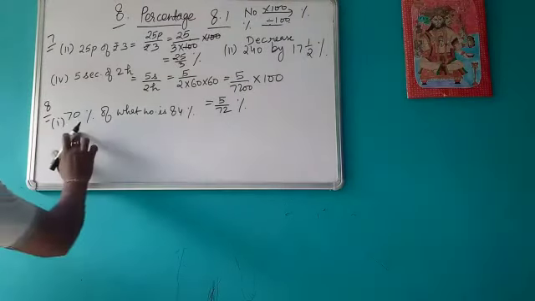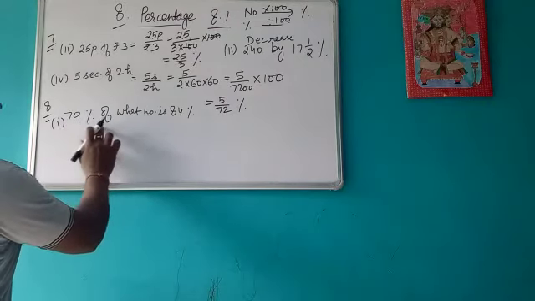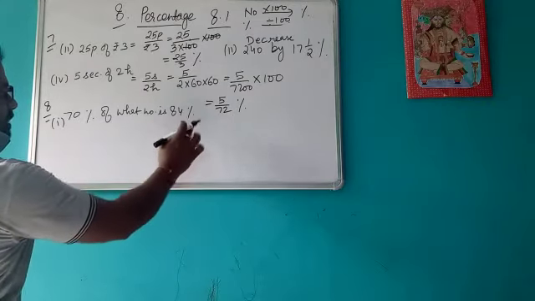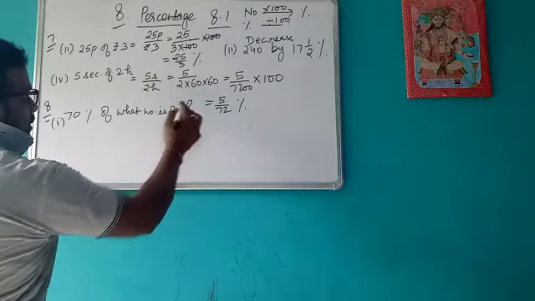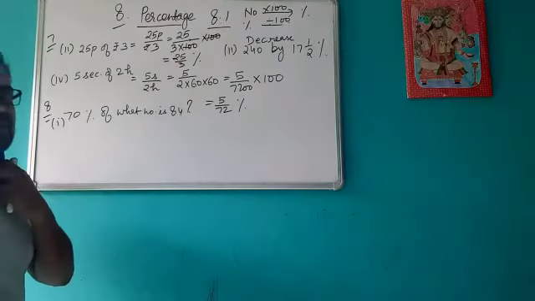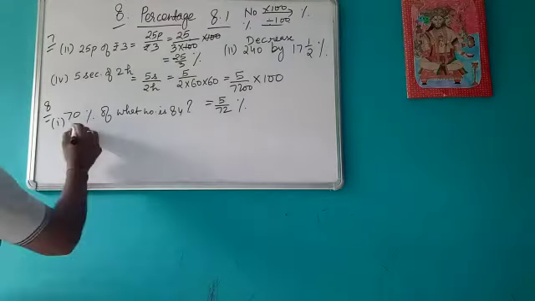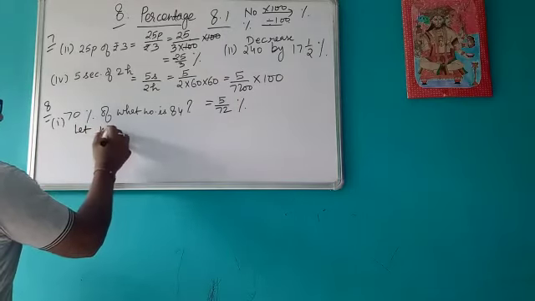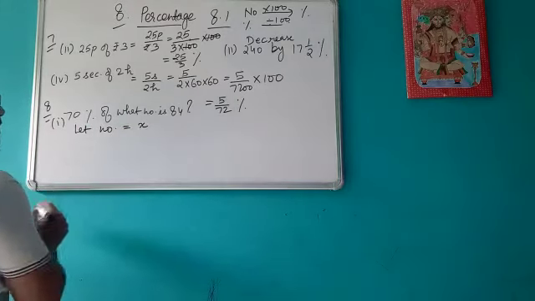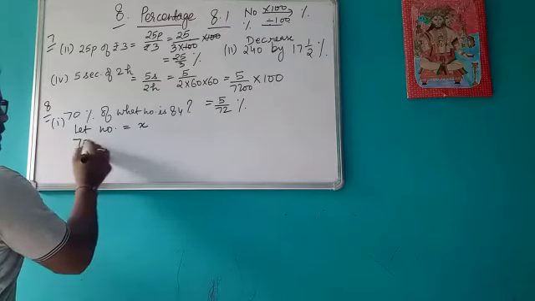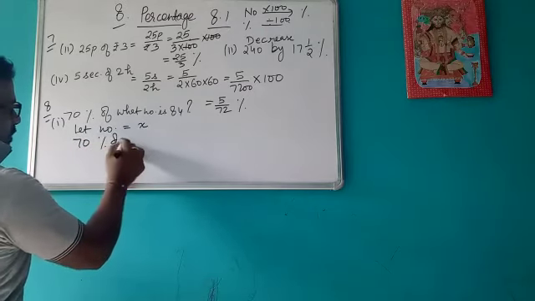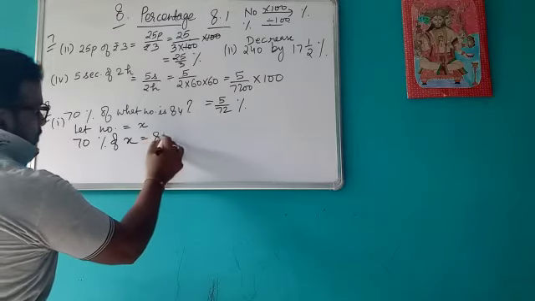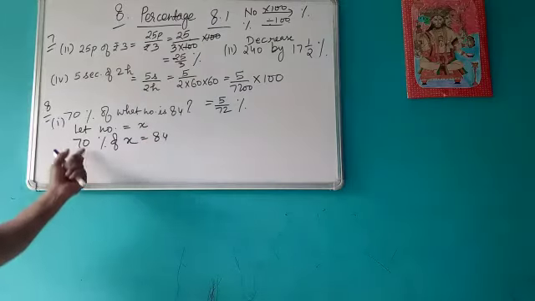Then there are questions like this, in which we have to find: 70% of what number is 84? Okay, 70% of what number is 84. So we will let the number equal x. What is given is that 70% of x is equal to 84, so this will be your equation.